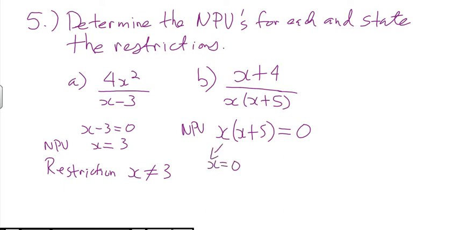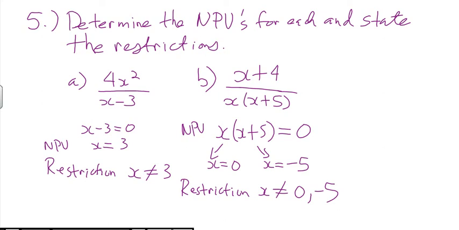So x equals 0 and negative 5. Those are the non-permissible values. What are the restrictions? X is not equal to 0 or negative 5. You cannot set it equal to 0 or negative 5, because then you end up dividing by 0, right?